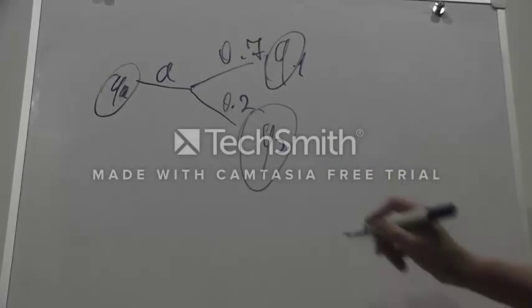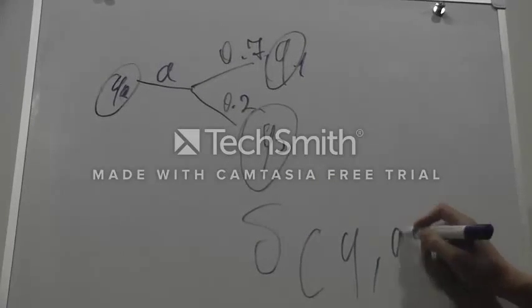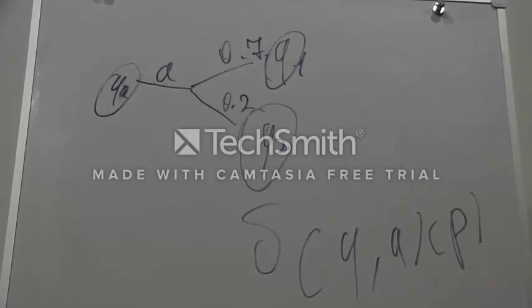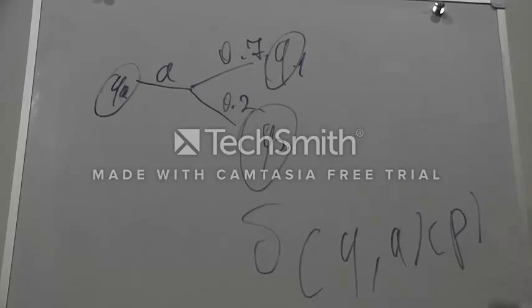So actually we can denote the transition function like this, which means that with some possibility the automata in state Q with input A may enter state P.